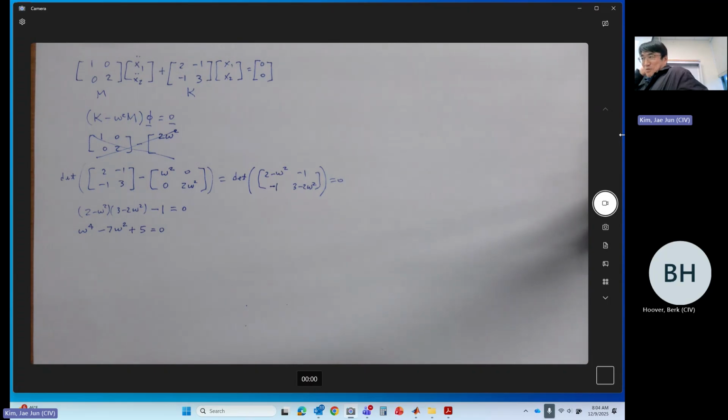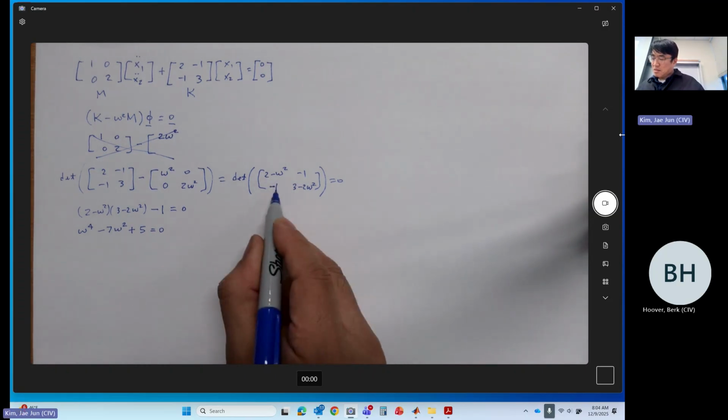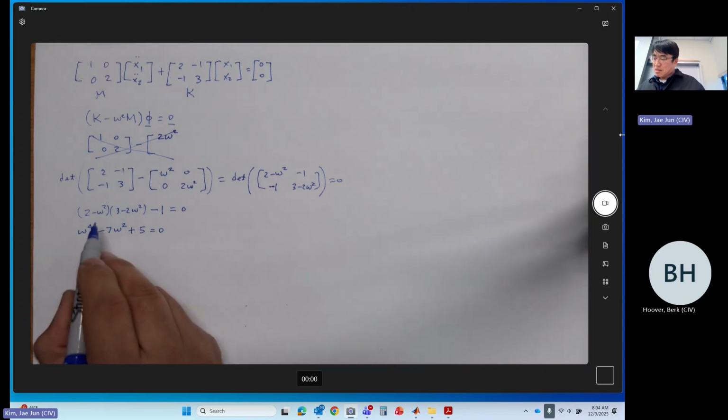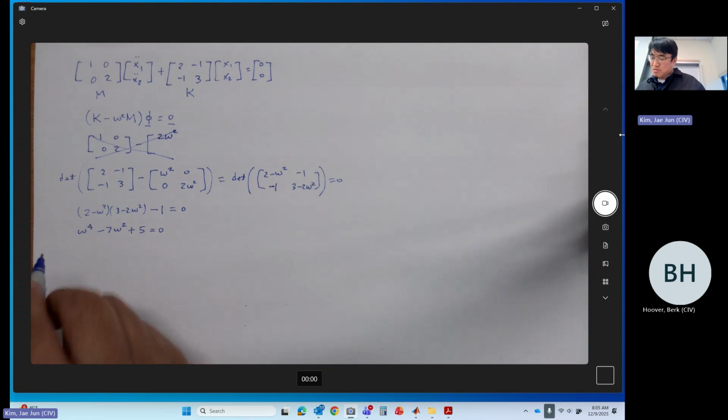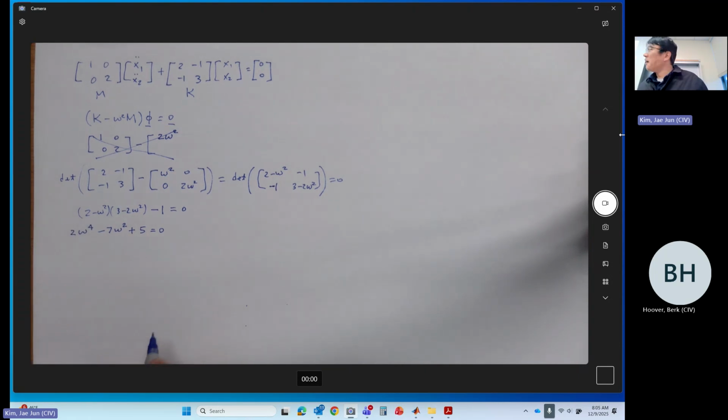Somehow I cannot think this morning. I think it's minus 6 omega squared. Yeah, minus 2 omega 4. So 2 omega 4 minus 6 omega squared plus 5... Now it's correct?